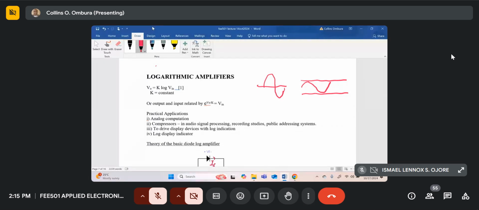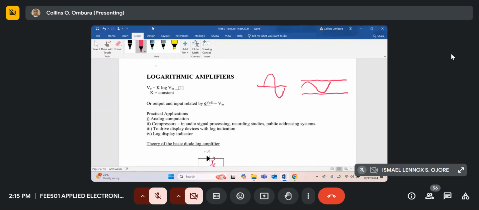So things like our sound recording meters, which are used to find the intensity of sound. The calibration is normally in log. So for that, you use a log amplifier to give you a log display. And then finally, I've given there, I could also use them for log display indicators.